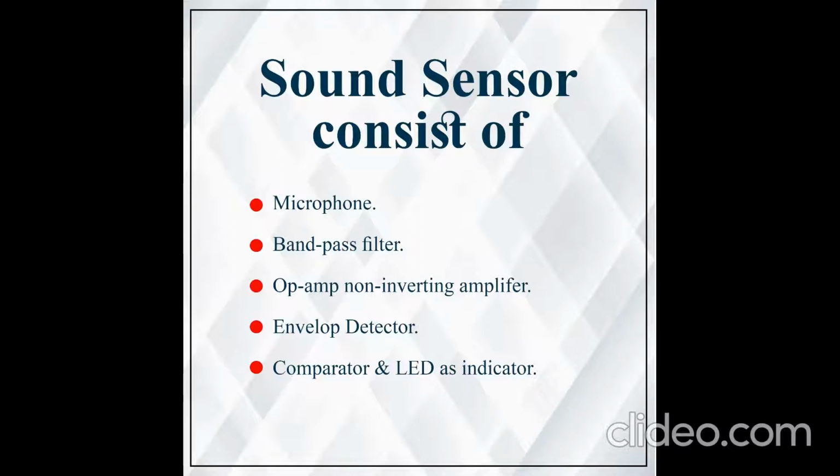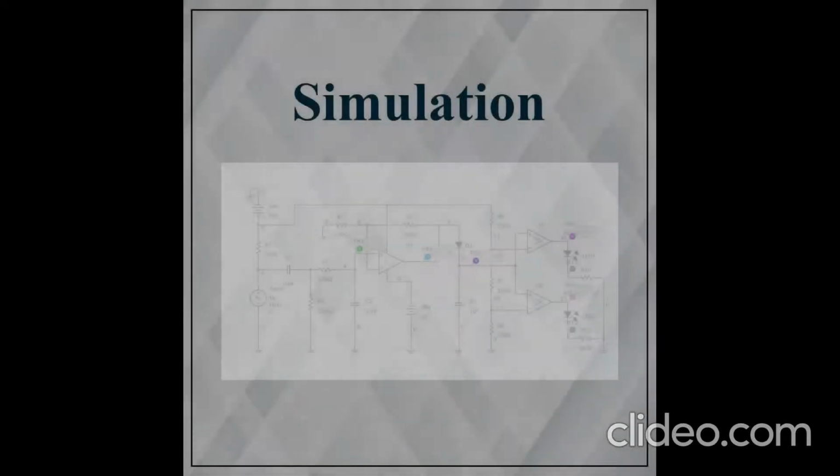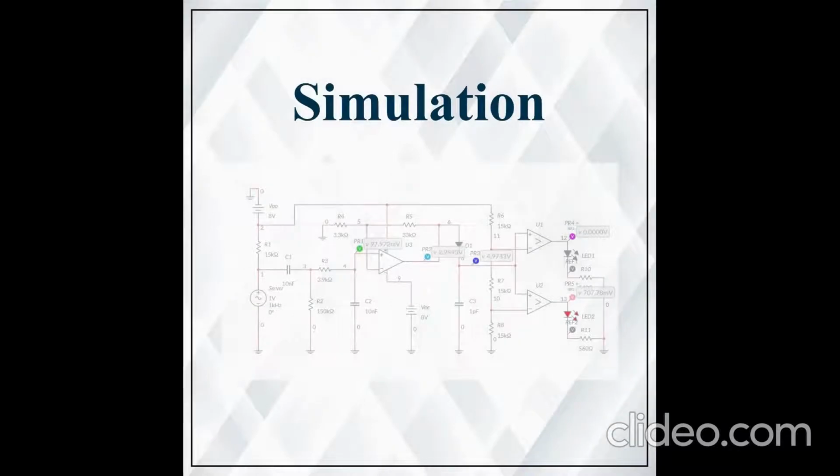This sound detector circuit consists of a microphone, band pass filter, op-amp, non-inverting amplifier, envelope detector, comparator and LED as indicator. For simulation purpose, we have used an AC source instead of a microphone. This microphone is used with the built circuit and this sound detector can be used as a noise detector.